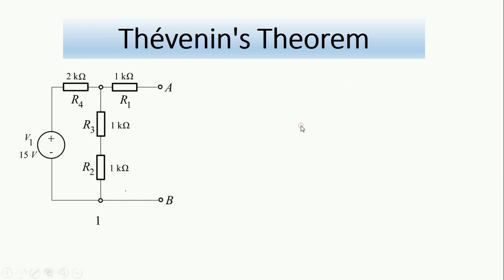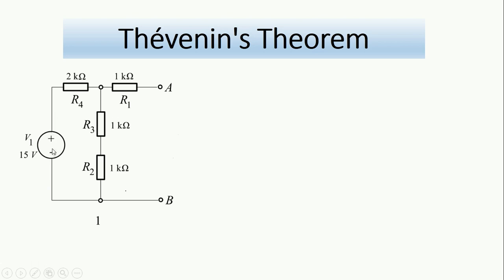If we move next to the calculation of the Thevenin resistance, we imagine that we want to look at the circuit from this side. If somebody is looking from right to left, what is the equivalent resistance that he would see between these two terminals if we put an ohm meter here? In order to do that, we convert any voltage source to a short circuit, and if we have a current source, we convert it to an open circuit.